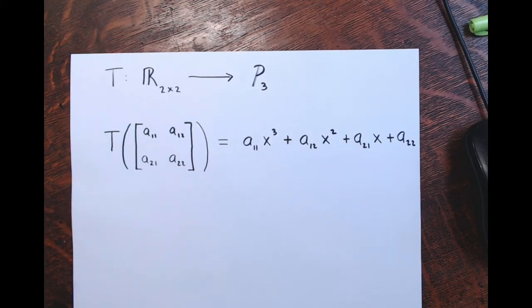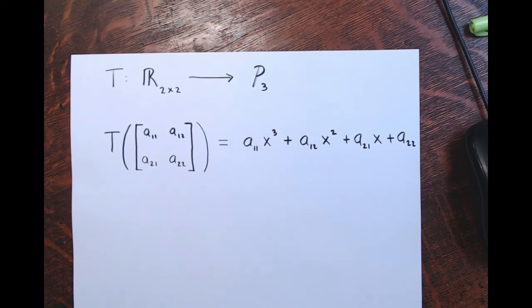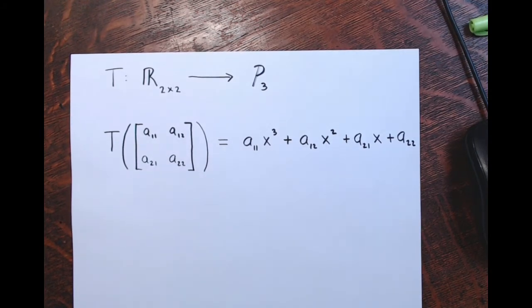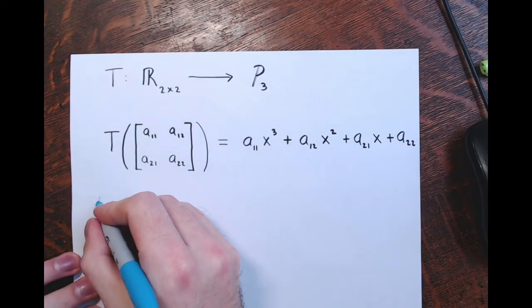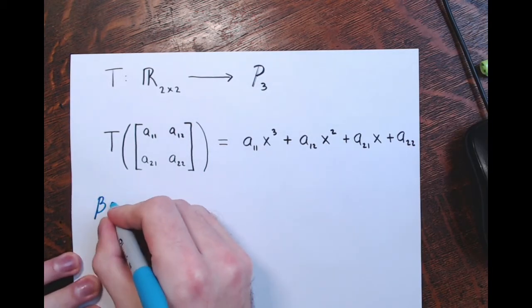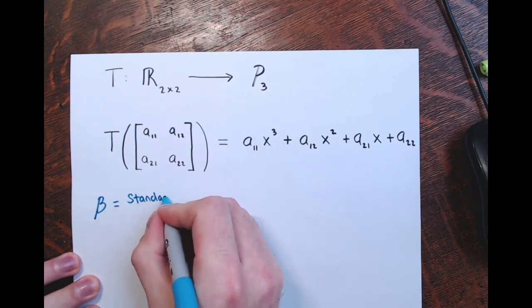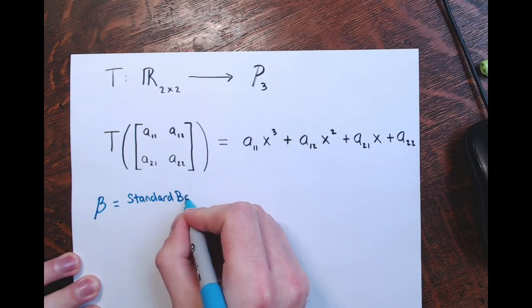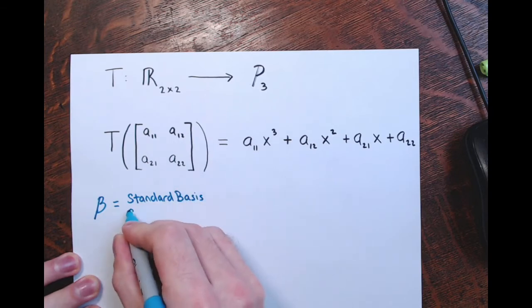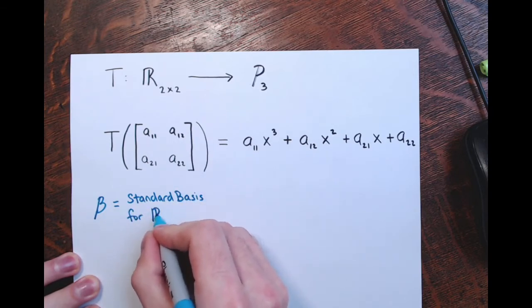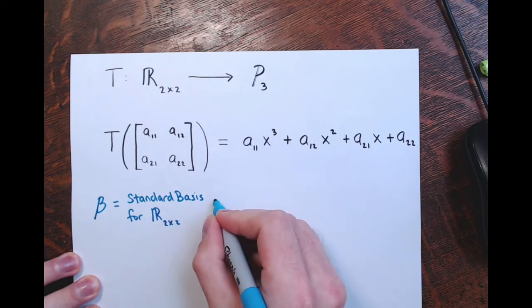Right. So what I'm going to do is put up this B and B prime that they talk about in that theorem earlier. B, this fancy B, is going to be the standard basis of the domain, R 2 by 2. And you've seen this, right?